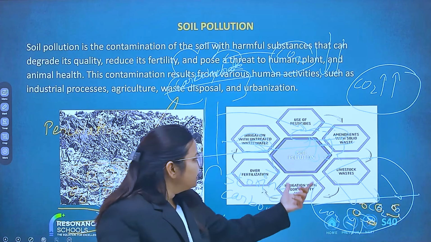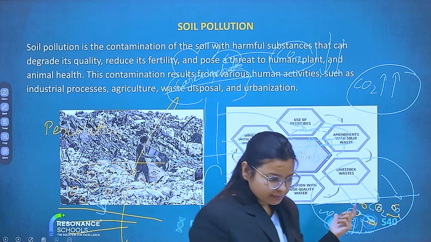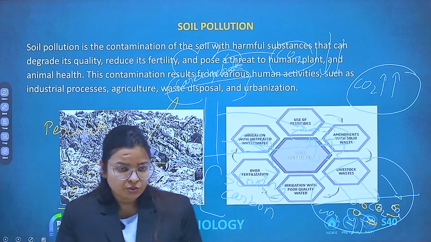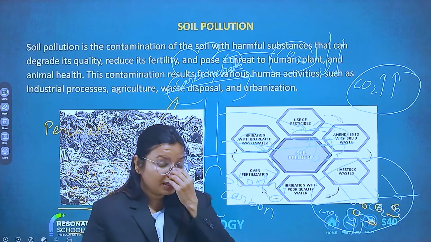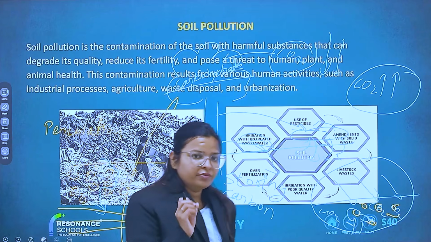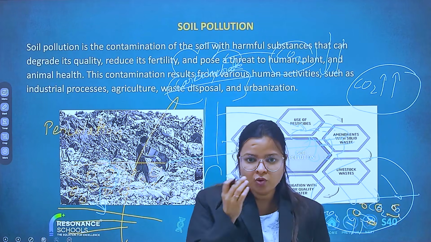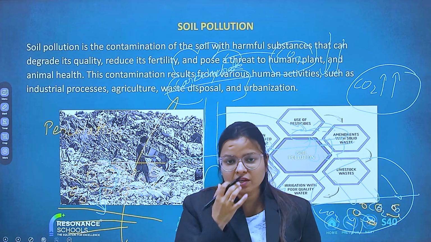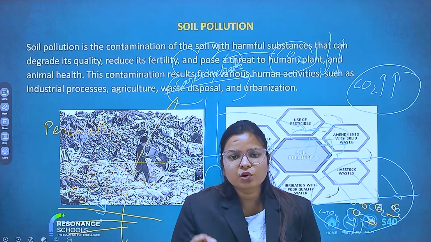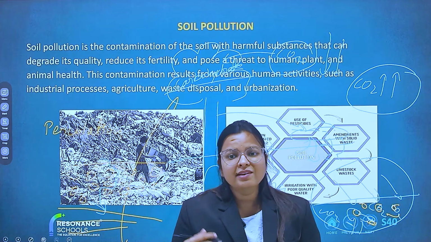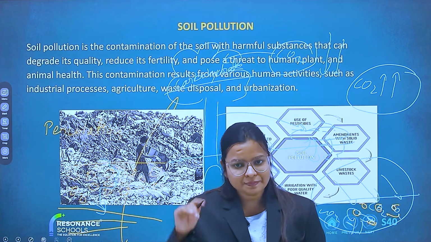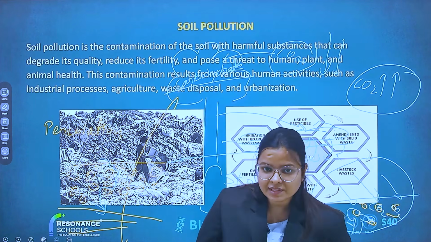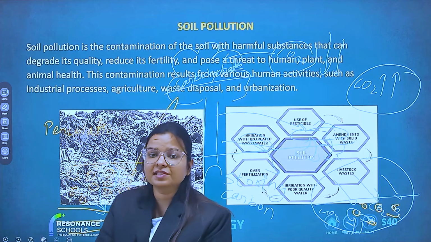Livestock wastage, irrigation with poor quality water. You know irrigation? I think you know irrigation. Irrigation with poor quality water. Whatever the dirty water, we call it sewage. Whatever dirty water is collecting from all over the city. Have you seen whatever water we are using, whatever water is going into our drain, where it is going? Have you thought about it? It is called sewage, and what the government does is sewage treatment.